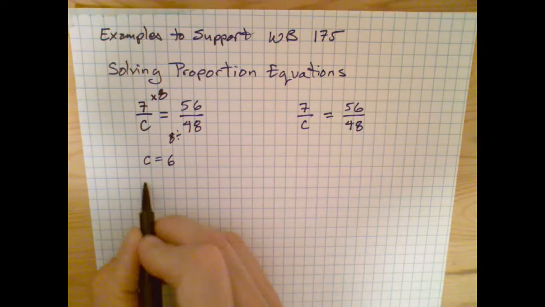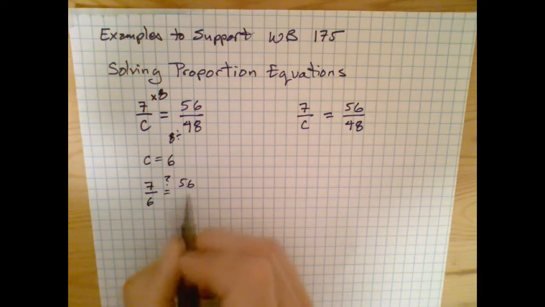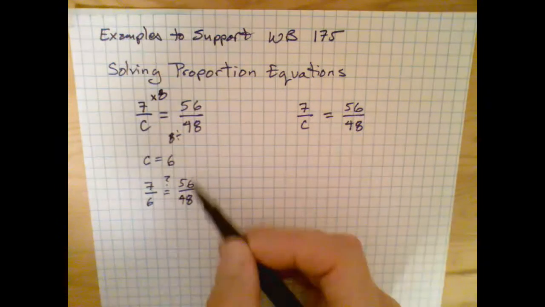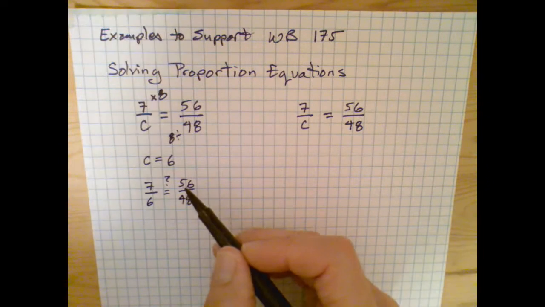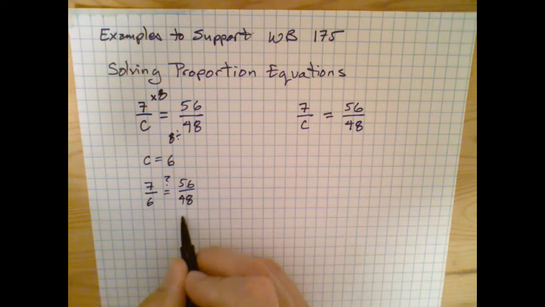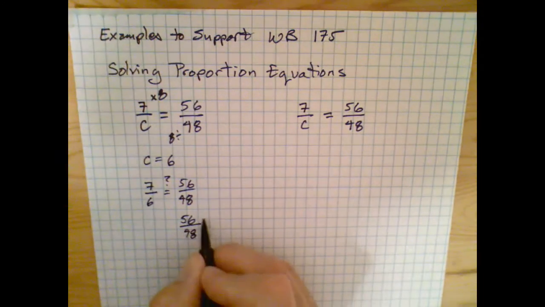And let's do a little check just to see that what I've done is accurate. So I'm asking the question now, is 7 over 6 the same thing as 56 over 48? I'm going to check this by reducing this larger fraction. So 56 over 48, let's divide top and bottom by 8.